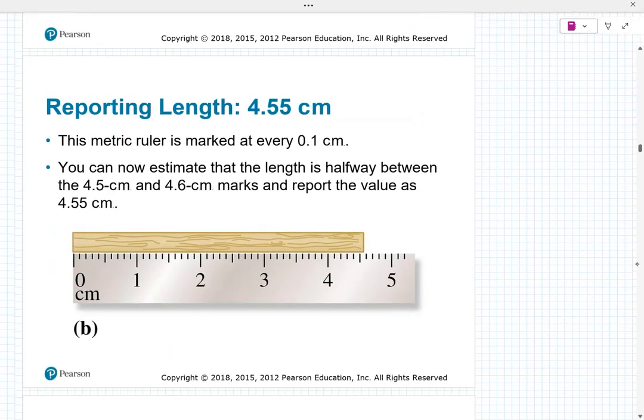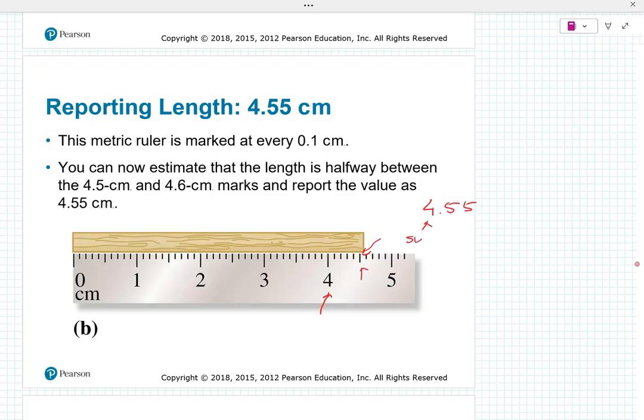Now, we have a better ruler. How many centimeters for sure? How many millimeters for sure? And then this position. Sure. So the first number, guaranteed?